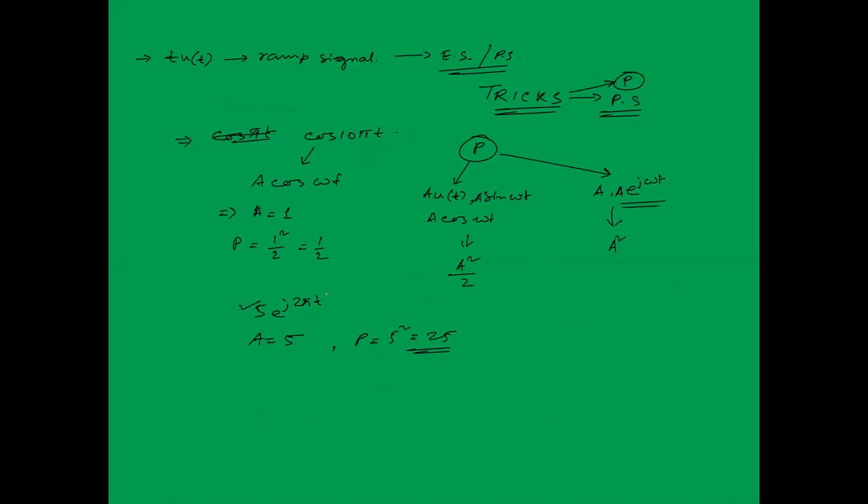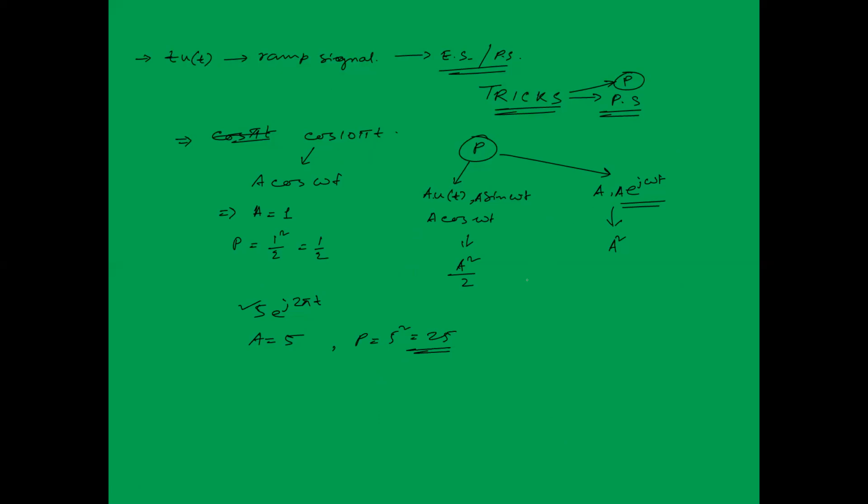After seeing the equation and the function, and after verifying whether it is periodic or non-periodic, if it is a periodic signal, I will find the power easily. The same thing happens for discrete time signals also.